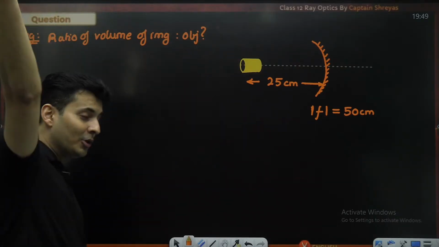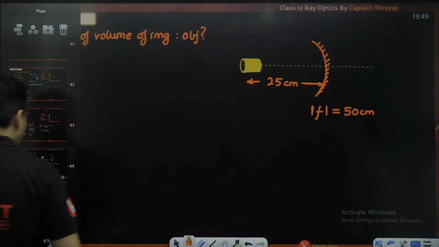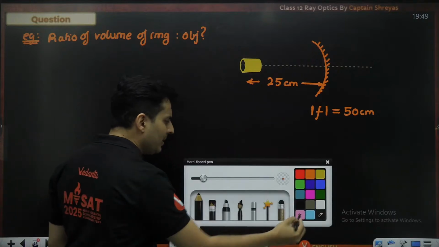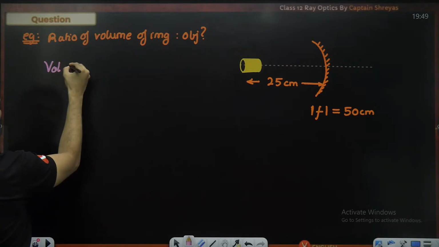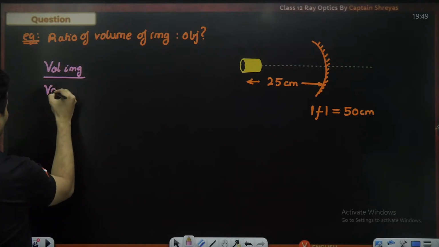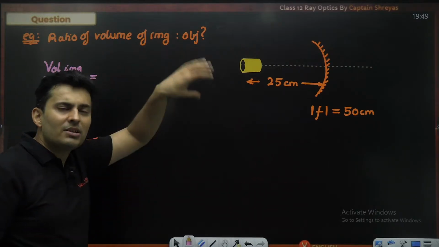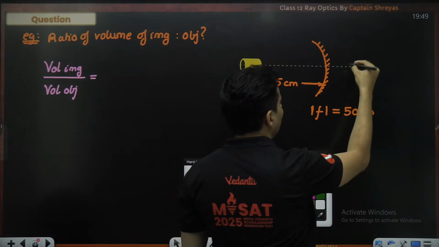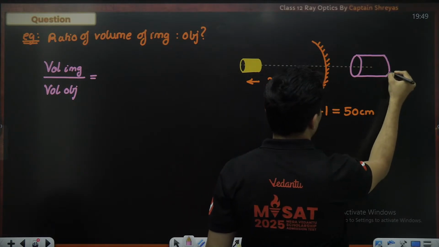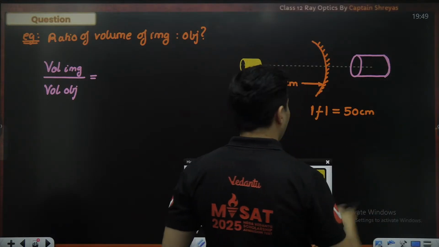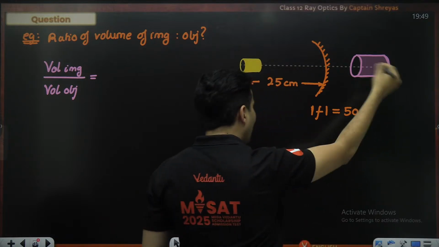Very interesting. Volume ratio is asked. Okay, let me think, what exactly does that mean? Volume ratio. So, volume of image upon volume of object. Volume of the image will also be some kind of a cylinder, maybe like this. That cylinder will also have some radius and some height.